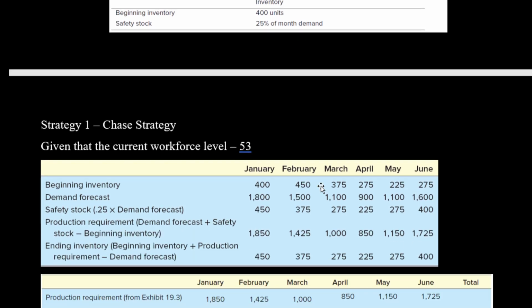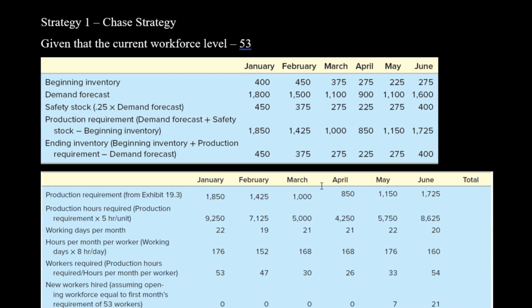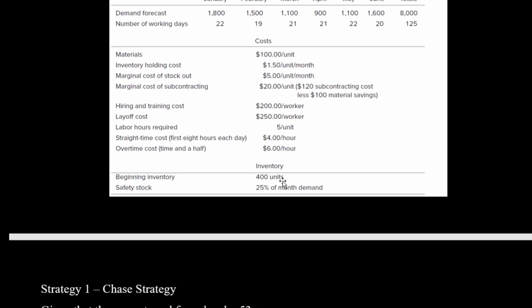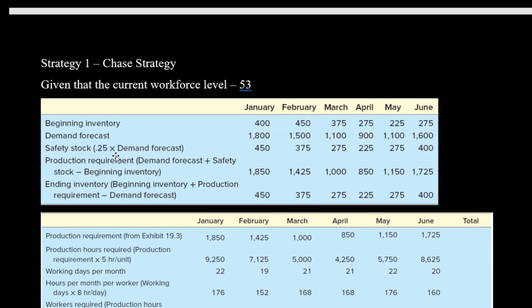In this we are going to have an initial workforce. At the beginning of January we have 53 workers with us, and based on that we are going to do the remaining calculations. Currently we have 400 units as beginning inventory.